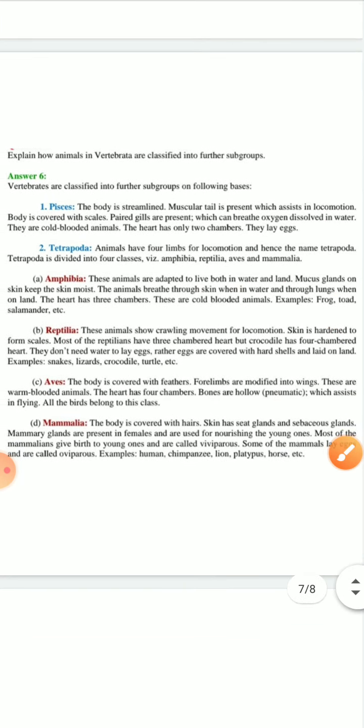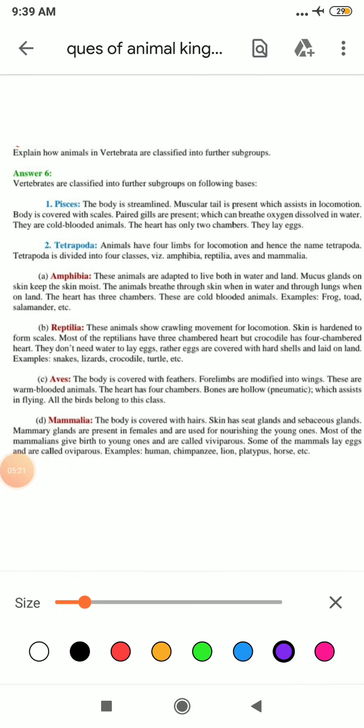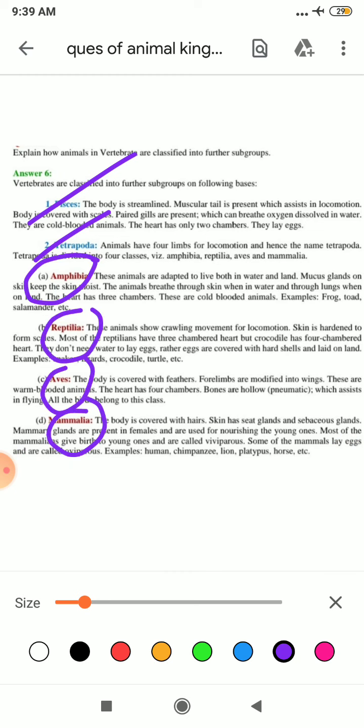Last question, students. Explain how animals in Vertebrata are classified into further subgroups. I've told you that there are five classes such as Pisces, Tetrapoda, and then under Tetrapoda there would be your amphibia, reptilia, aves and mammalia.